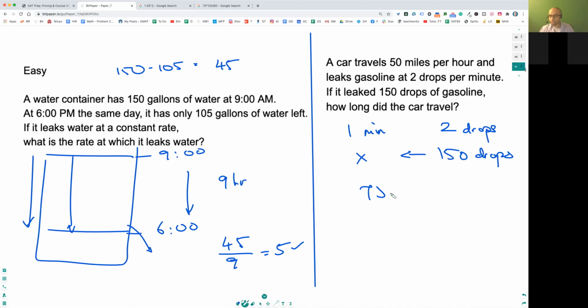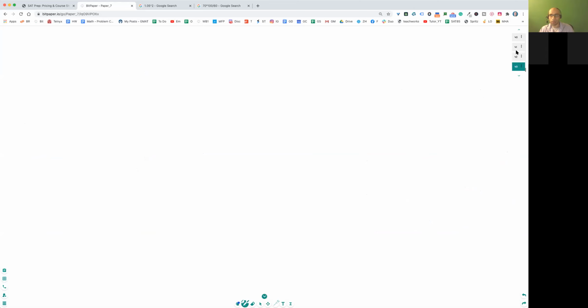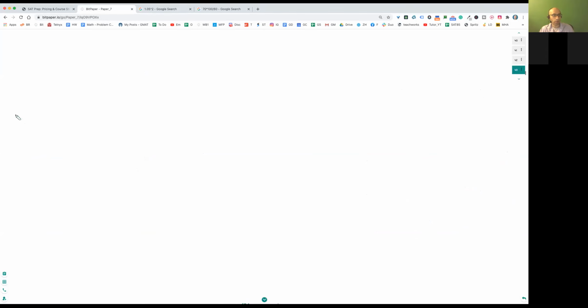You've got X times 2 is equal to 150 drops, so X is equal to 150 over 2, which is 75. So 75 minutes have passed. In 75 minutes, you have to find out how many miles the car has traveled. I'll leave it with you how to do this problem. But try it. If you have difficulty, let me know. But I think we need to move on to the next problem.